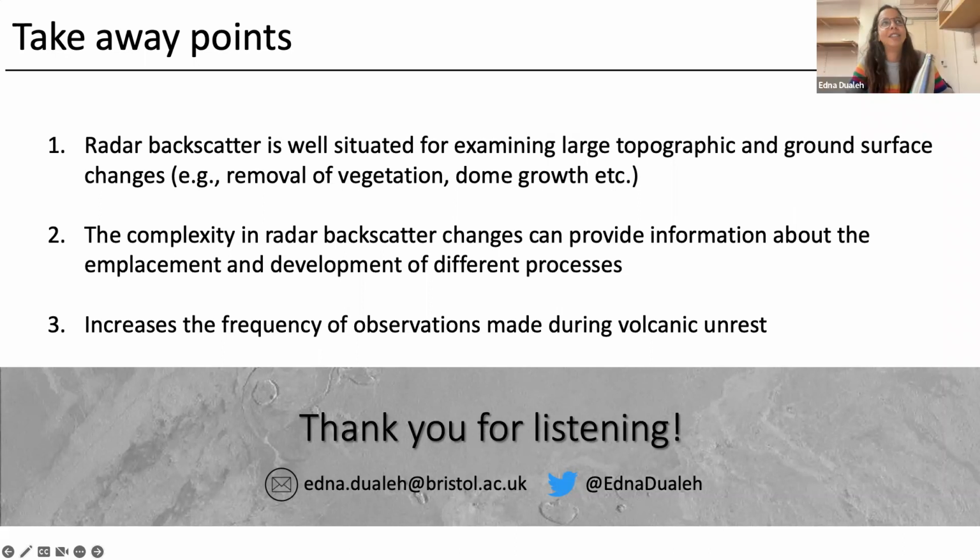So yeah, I didn't look at any ice cap volcanoes or snow ones, but it would affect. You would get different signals when there is snow or seasonal snow. Also there are some studies that have looked at how ash being deposited on glaciers produces different signals than on the bare rock.